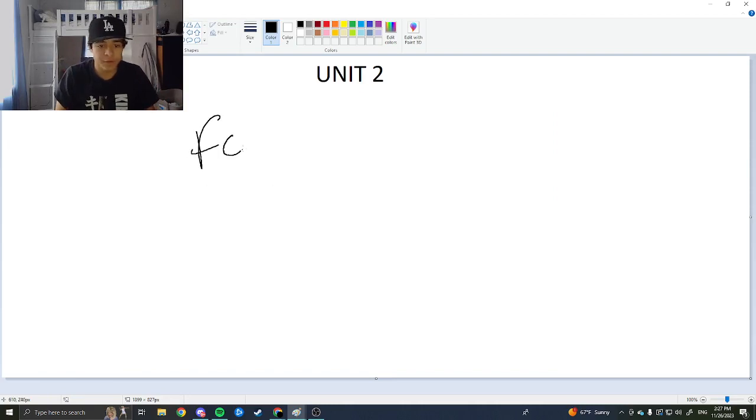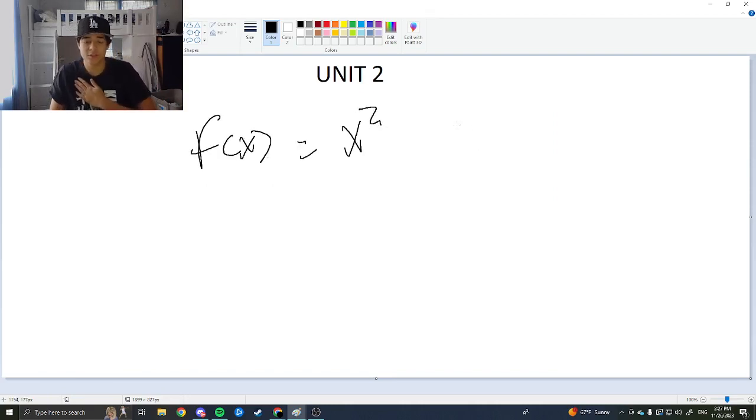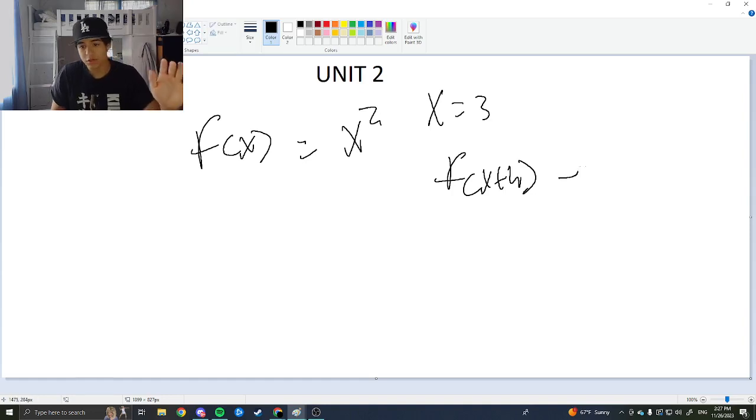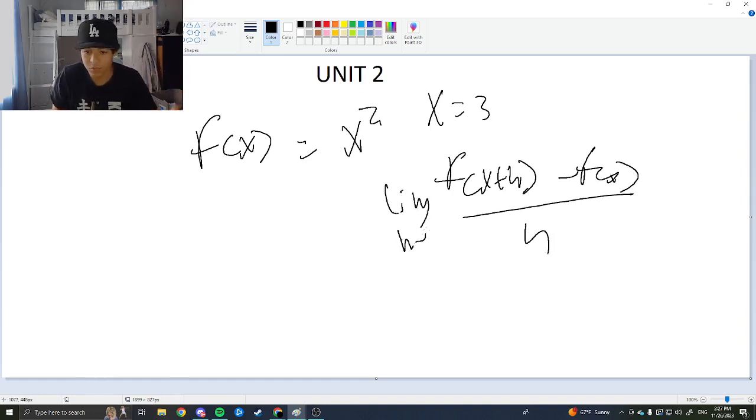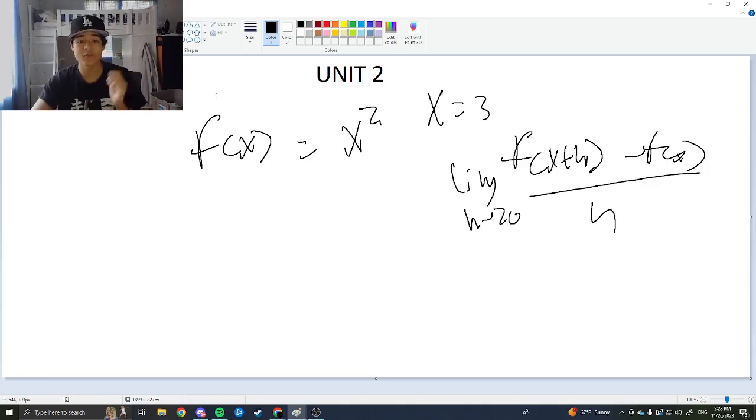So if f of x is x squared, and I told you that we're going to find the instantaneous rate of change at x equals 3, you could set up the f of x plus h minus f of x over h limit as h goes to 0, and you can spend 20 minutes solving this and be bored. Or we can learn this brand new concept that's going to save you so much time.